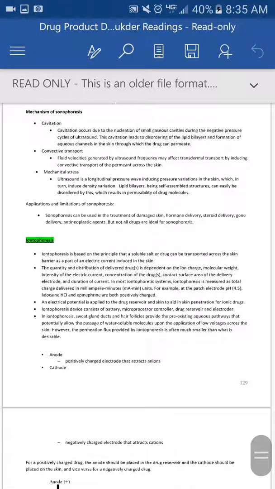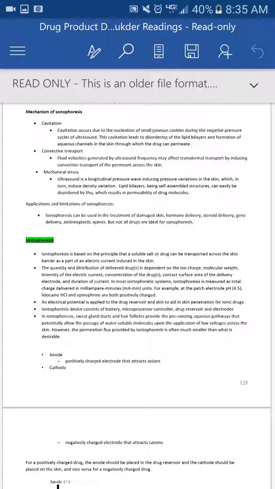Mechanism of sonophoresis: cavitation occurs due to the nucleation of small gaseous cavities during the negative pressure cycles of ultrasound. This cavitation leads to disordering of the lipid bilayers and formation of aqueous channels. Like I said, it's the little pores in the skin through which the drug can permeate.